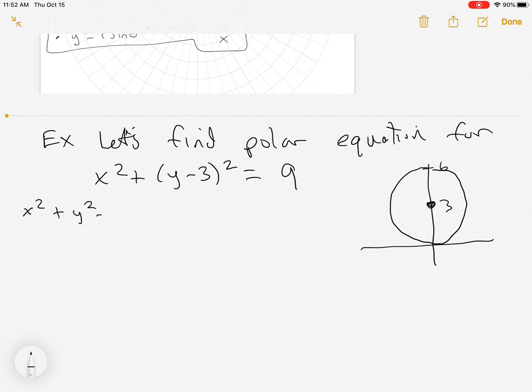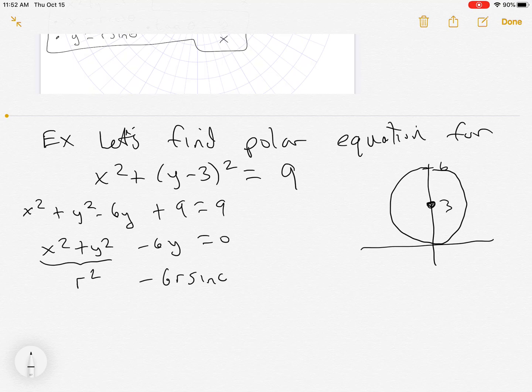Foiling. Okay, and then you see that this guy is r squared, and this guy is r sine theta, just using those identities. Factor an r out, and you have r times (r minus 6 sine theta) equals 0.